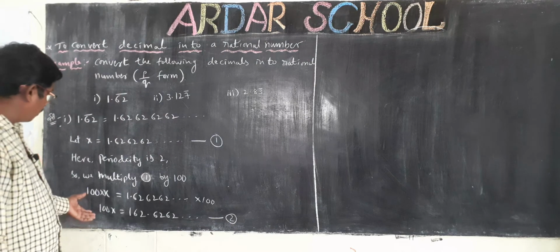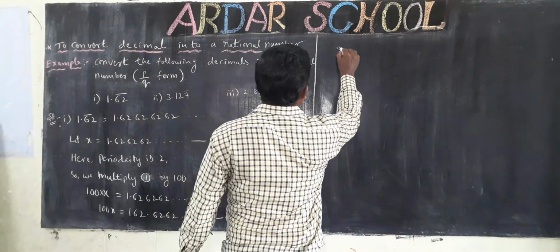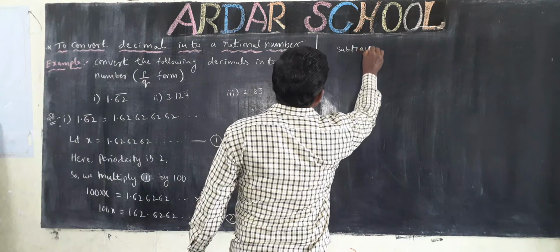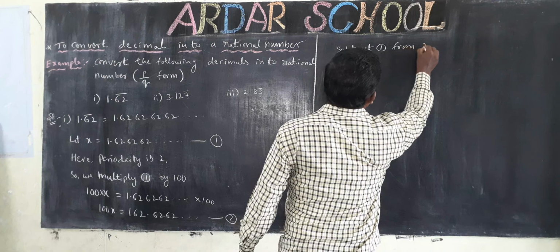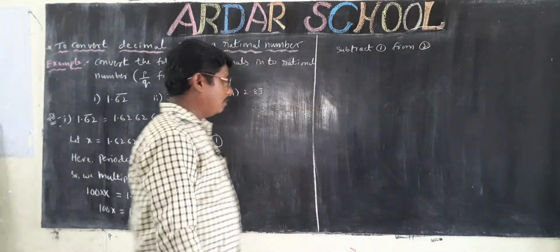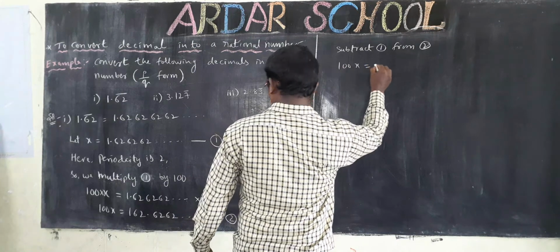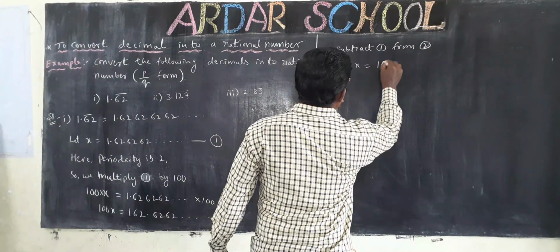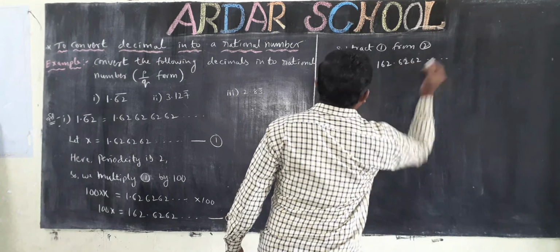Next, you have to subtract equation 1 from equation 2. Equation 2 is 100x equal to 162.6262 and so on.